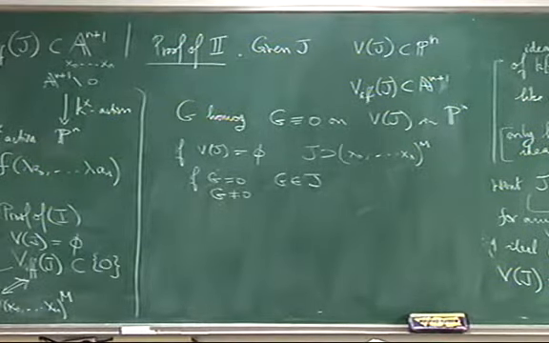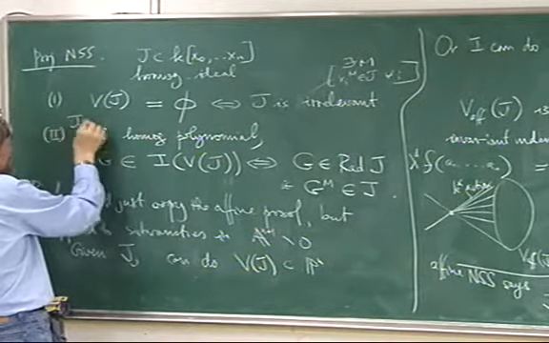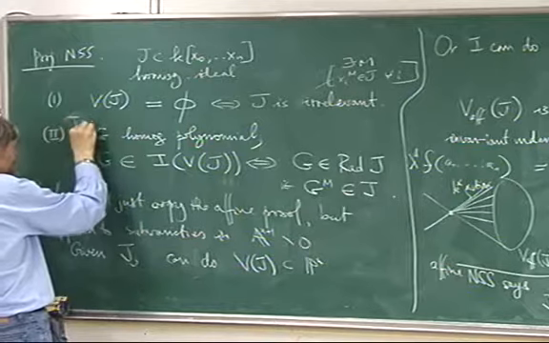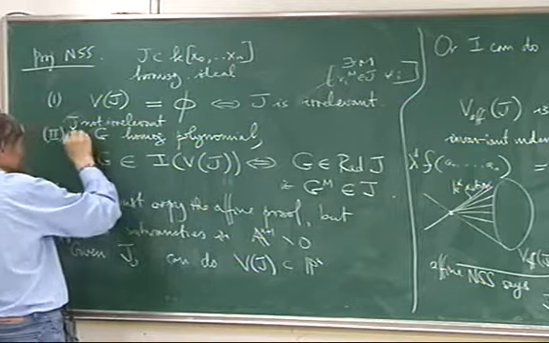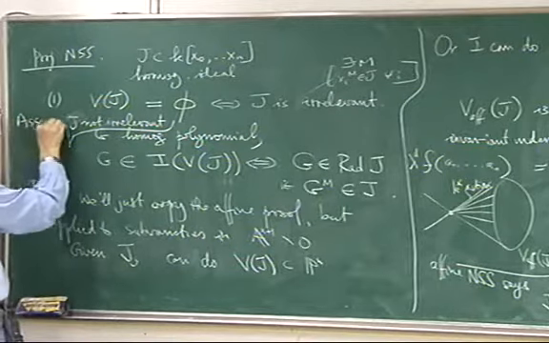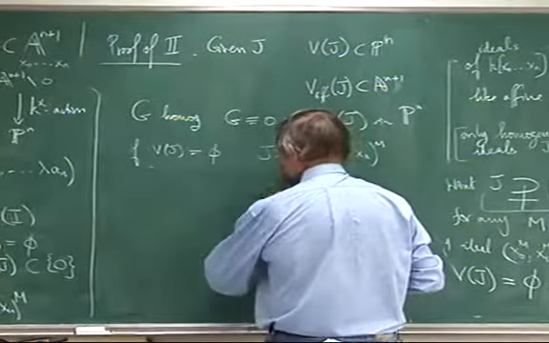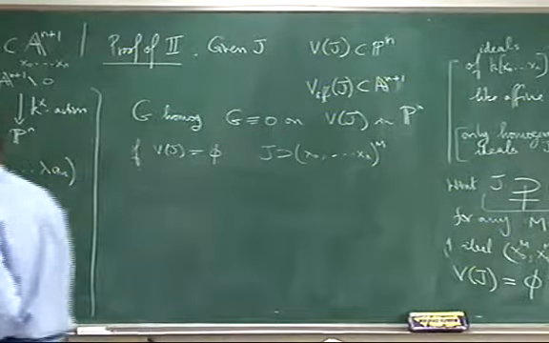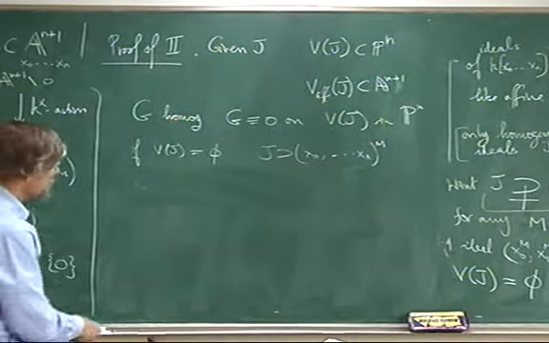This J, assume that J, let's assume here that V of J is not empty. Right, because otherwise, so if I take, let me give the proof before saying why I need that condition.